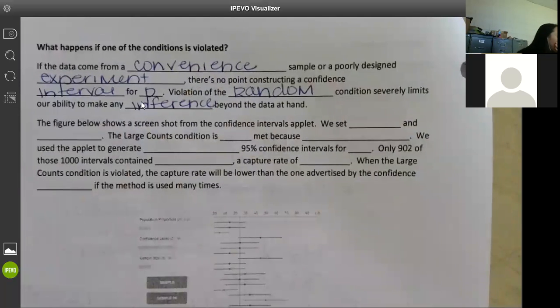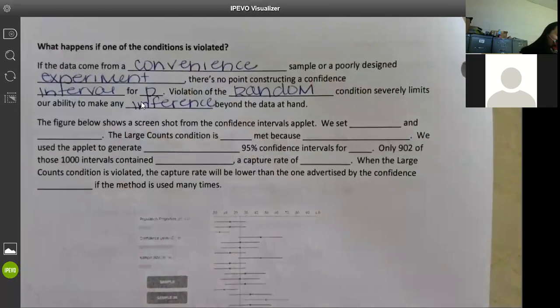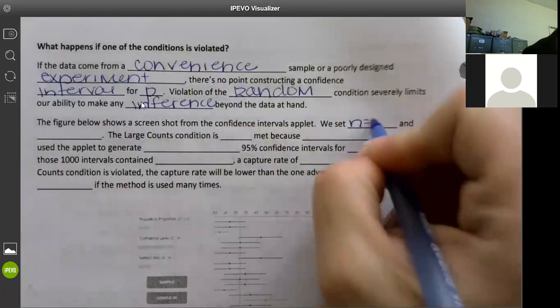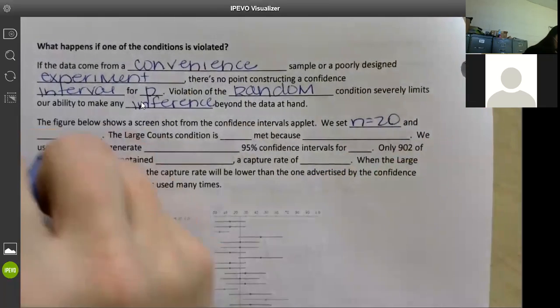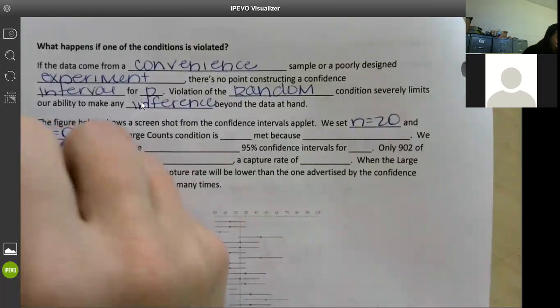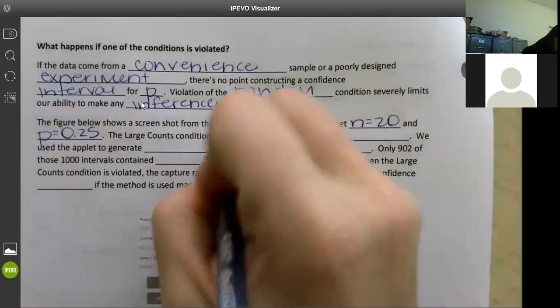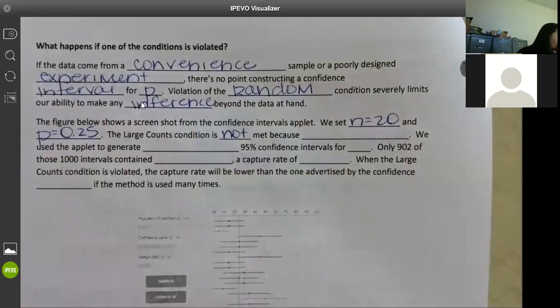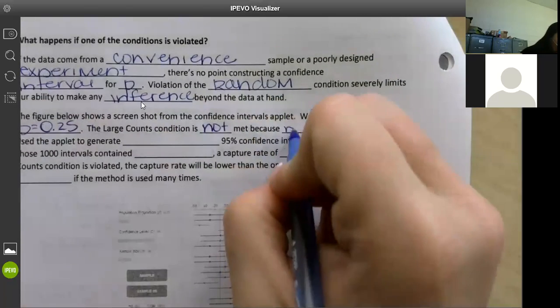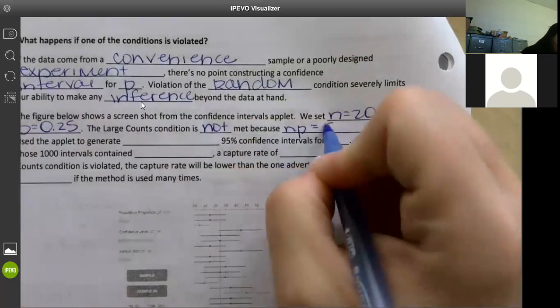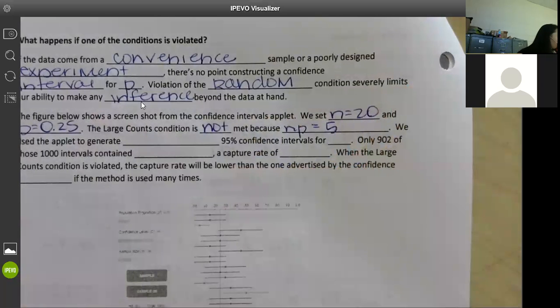The figure below shows a screenshot from the confidence intervals applet. I told you about it. We didn't do it. We set n equal to 20 and our proportion to 0.25. The large counts condition is not met because NP equals 5.